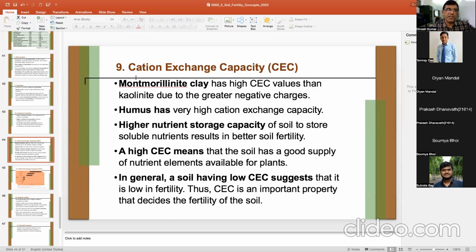So soils which are rich in montmorillonite may have higher fertility than those with kaolinite. Humus has very high cation exchange capacity. So the higher the humus, the more fertile is the soil. Higher nutrient storage capacity because of high humus or high CEC means higher soil fertility. A high CEC means that the soil has a good supply of nutrients. In general, a soil having low CEC suggests that it is low in fertility.